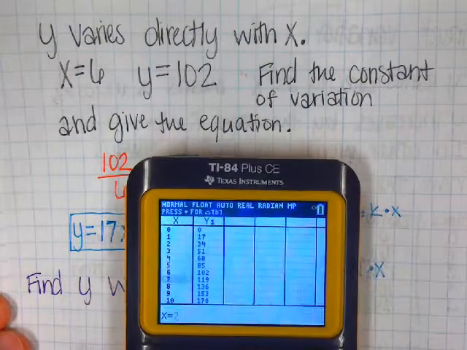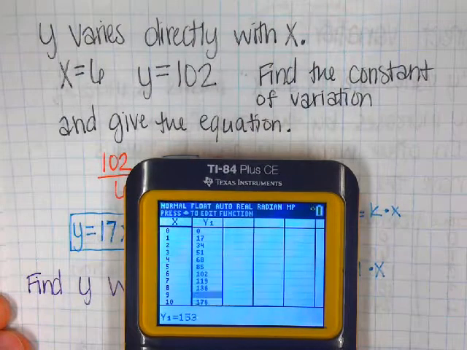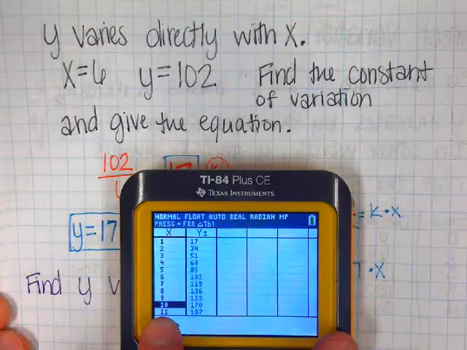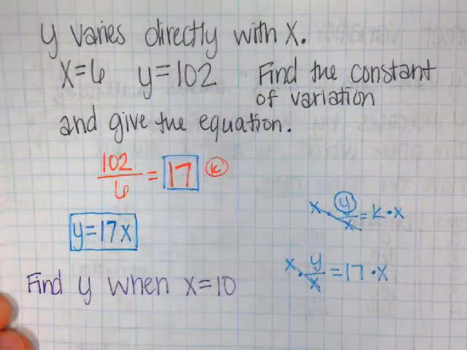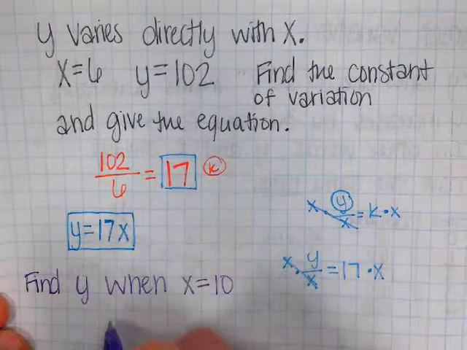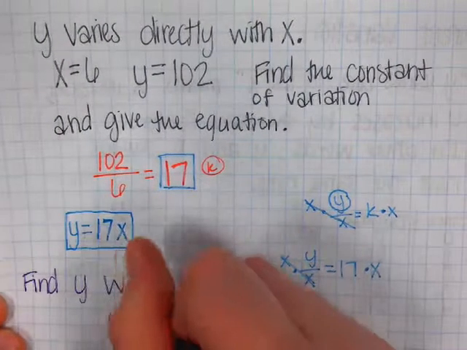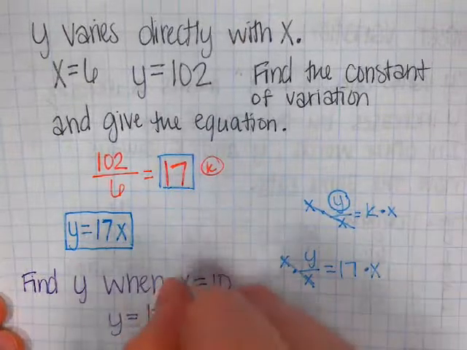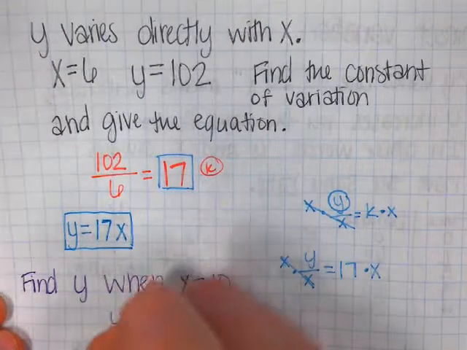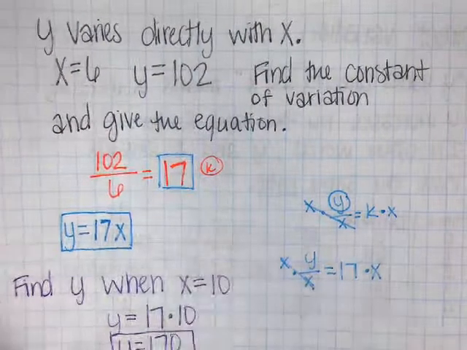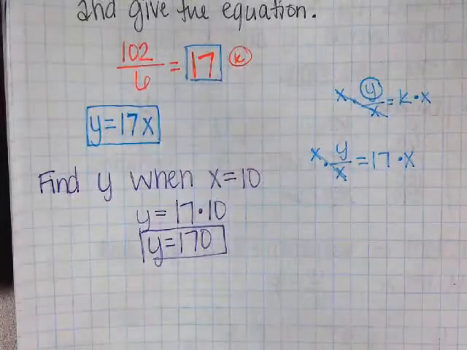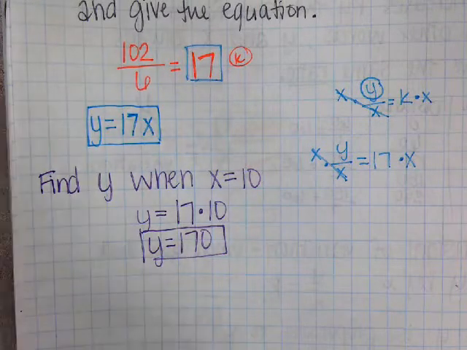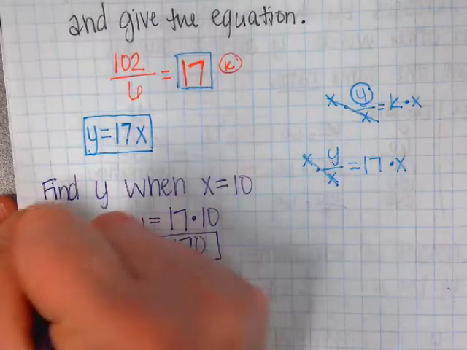I just showed you the table, so you could just go down the table until you get to x equals 10 and it's 170, or just plug this into that equation. So y equals 17 times 10. Well, 17 times 10 is 170, so y equals 170. Okay, those are the easy ones.